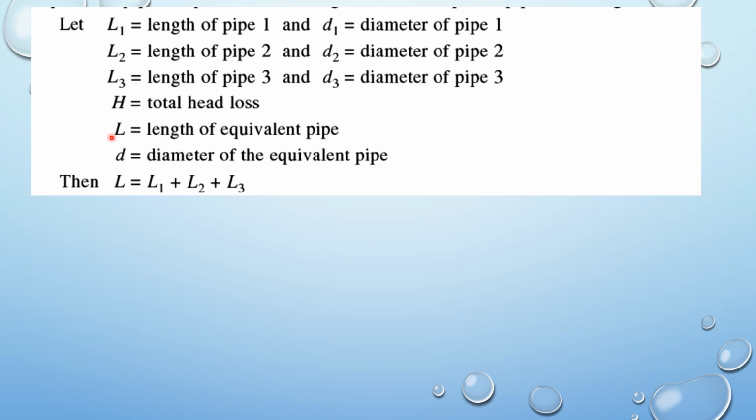Equivalent pipe, as you know, is the pipe that we are going to replace and newly fit, and let D be the diameter of the equivalent pipe. One condition of the equivalent pipe is that the length should be the sum of the lengths of each of these compounded pipes.